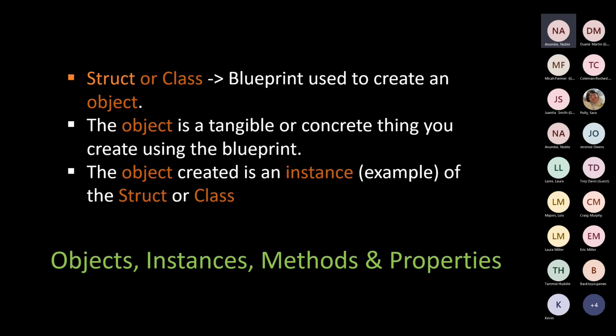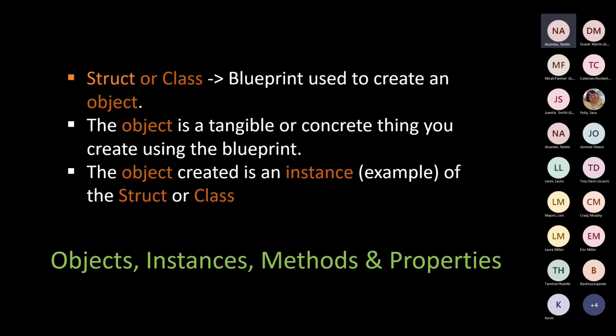So the object in itself is a tangible or concrete thing you create using the blueprint. When you do a function call, you're creating an object. We also call it an instance. But what's the difference? The object created is an instance of the struct or the class. So that object you've created is a specific instance, because you can have 100 different instances, but what you have created is the object.